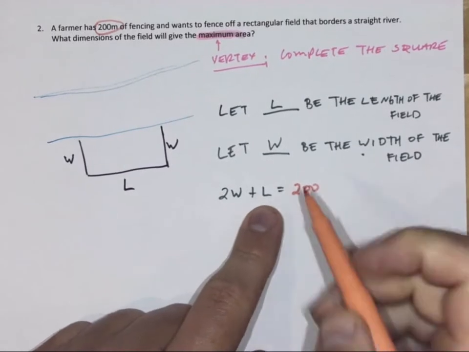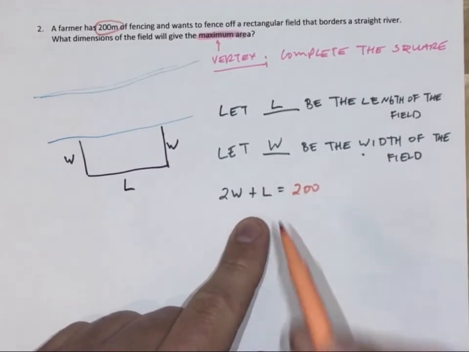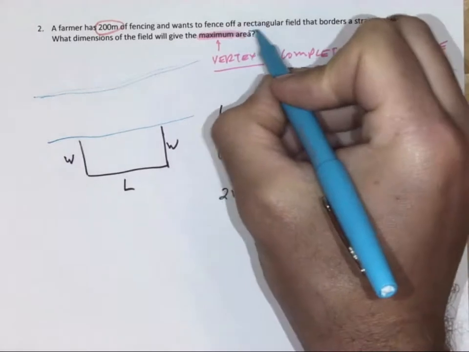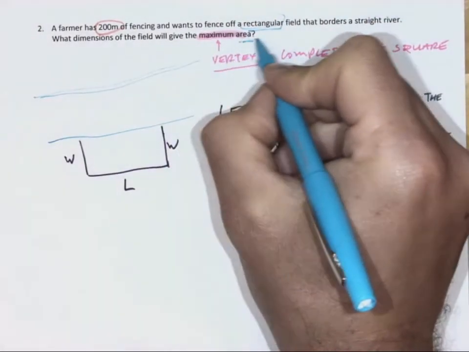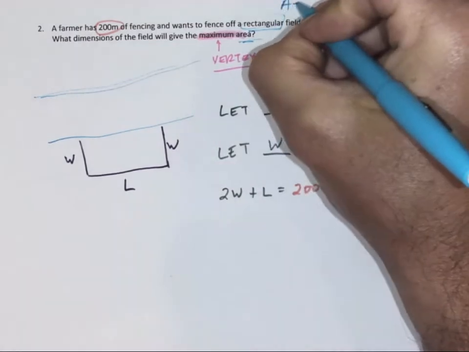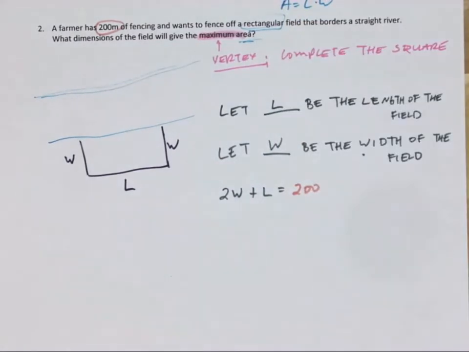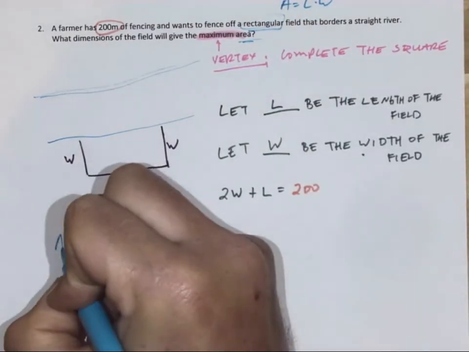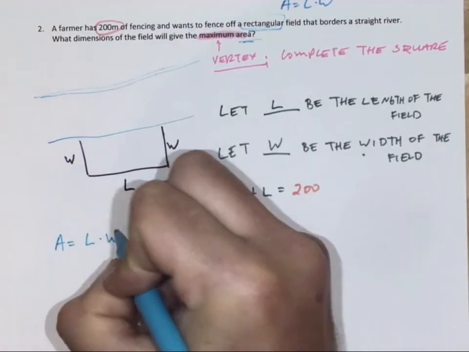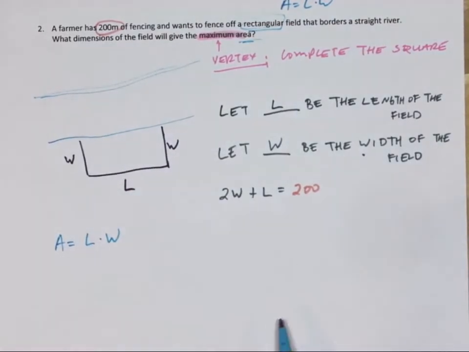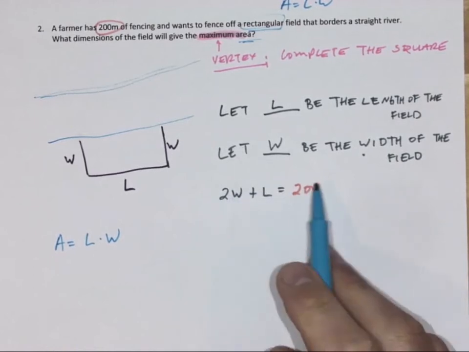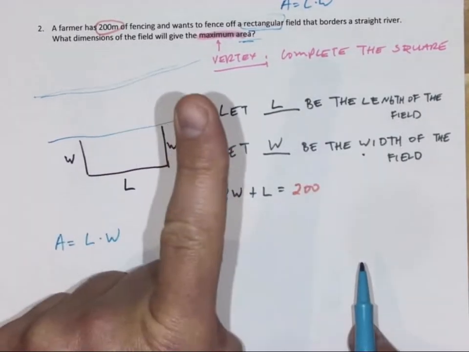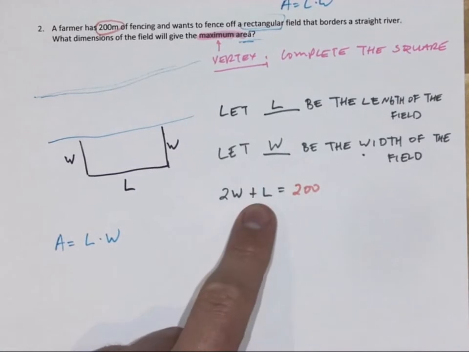I'm going to rearrange here for length, and the reason why is because as soon as I see a rectangle, and I want to know the maximum area, I know the area of a rectangle is length times width. So I want my maximum area, and I'm going to use this to actually change my two variables into one. So let's rearrange for length.